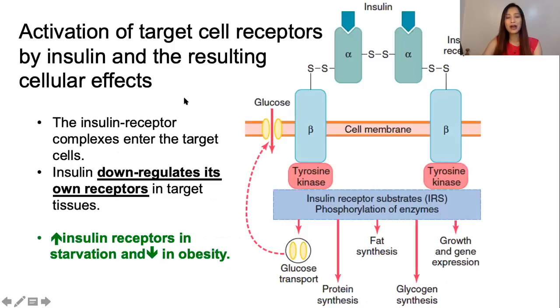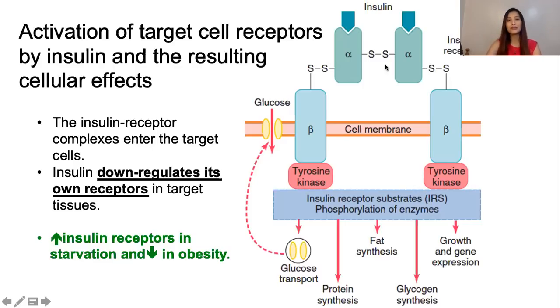How does insulin act on your cells? When insulin attaches to the target cell receptors, it activates them and causes intracellular effects. It has been thought that insulin acts like a key to the cells in order for glucose to get inside the cell.